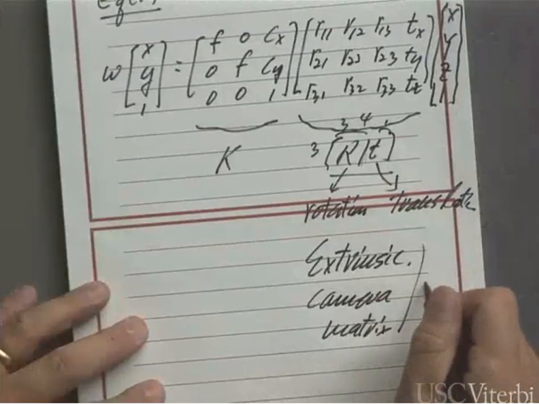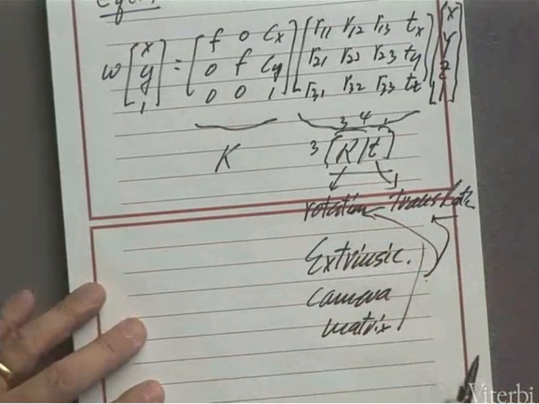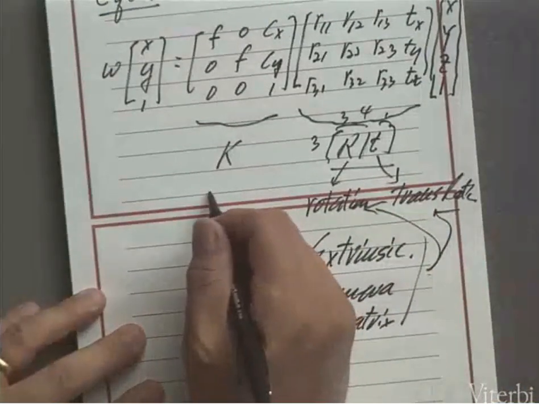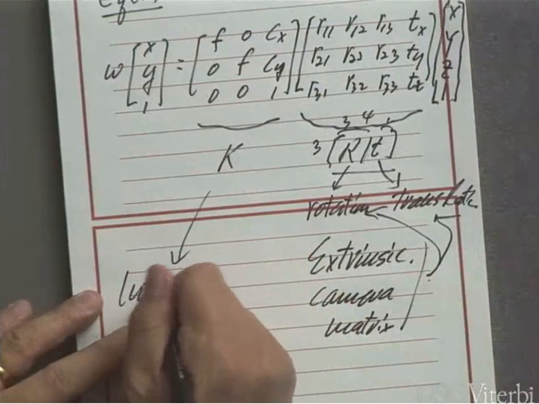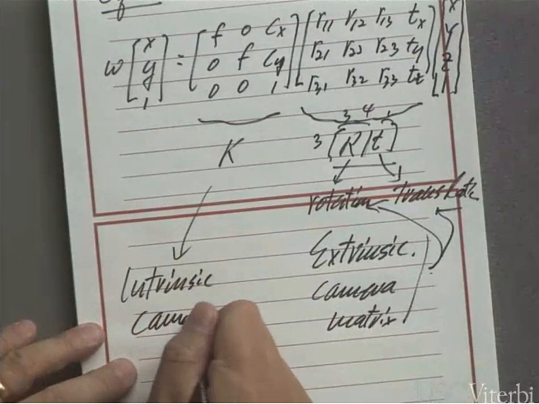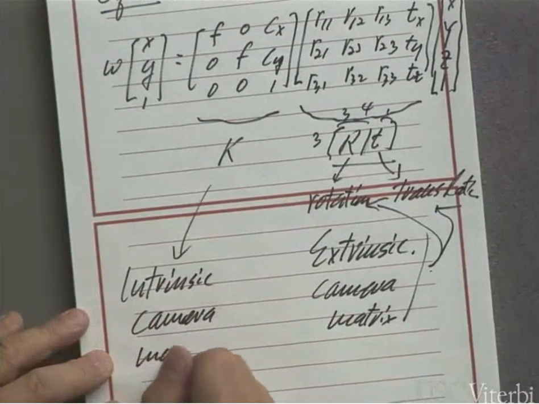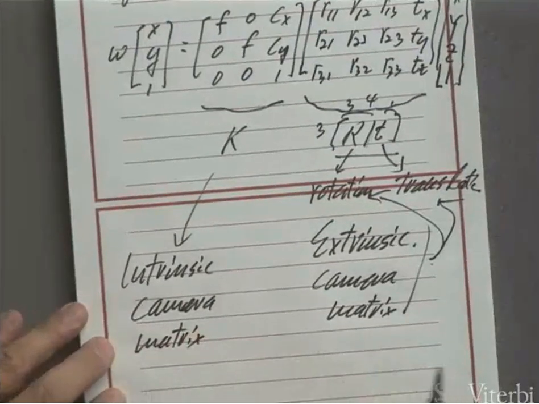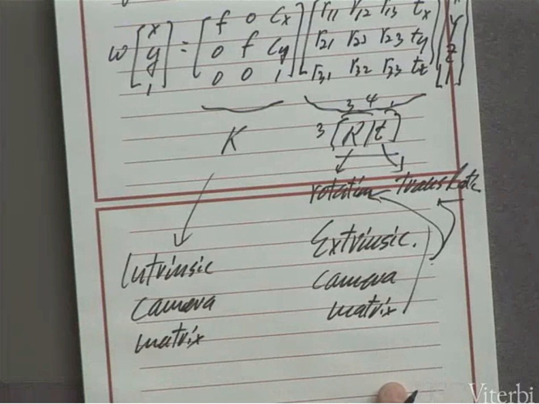This governs the camera movement. And this is called the intrinsic camera model, camera matrix.